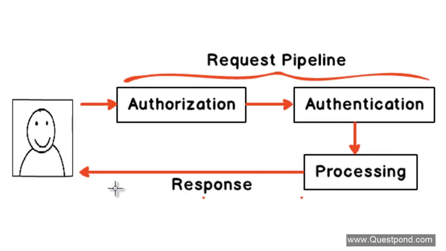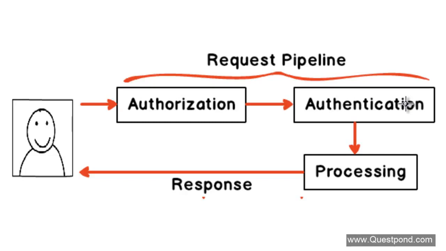So the whole request pipeline is nothing but a series of logic which gets executed. As a developer, we would like to know how we can build this pipeline. Where is the place we can put this series of logic which can be executed one after another? That is done in the startup.cs file.